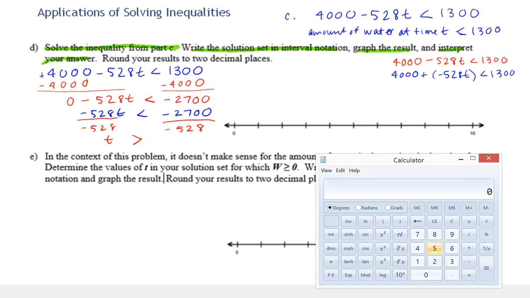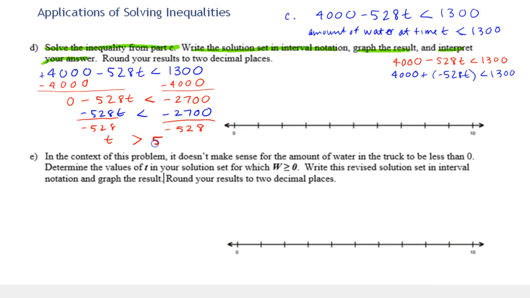A negative divided by a negative is positive, so I'm going to omit the signs just because in this calculator they're kind of a pain, but you could definitely include them on your calculator and you'll get a positive result. Rounding this to 2 decimal places, I have 5.11. So t is greater than 5.11. That's the solution set for our inequality.